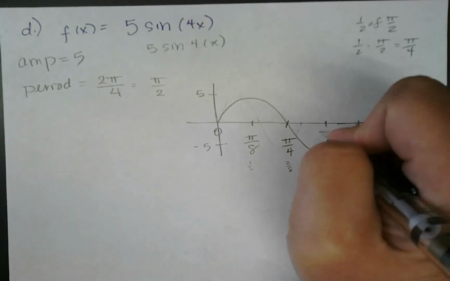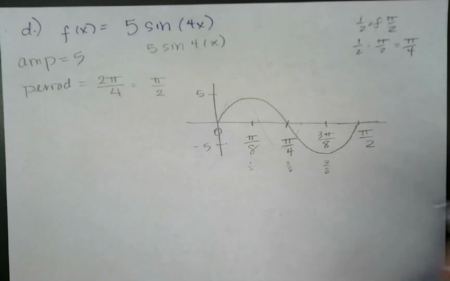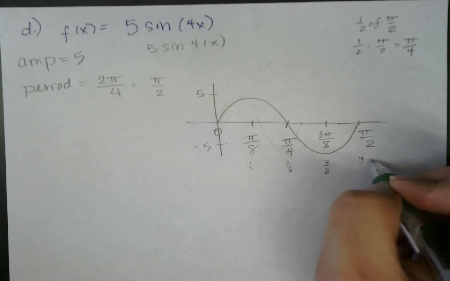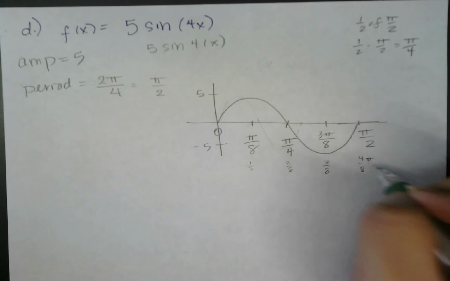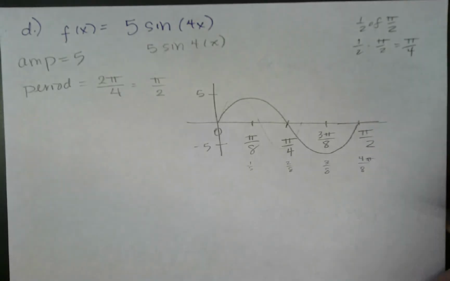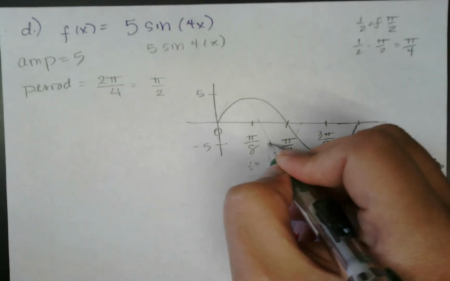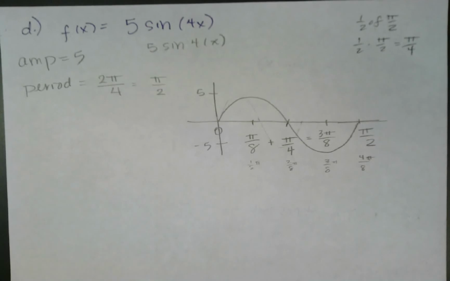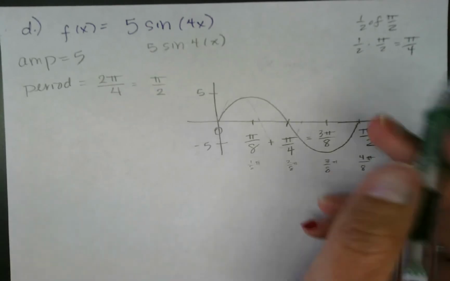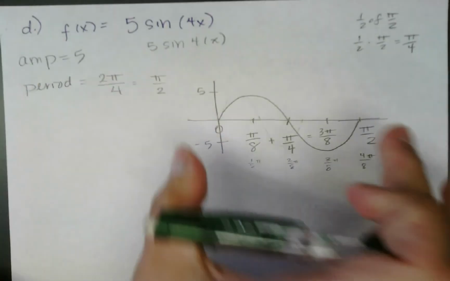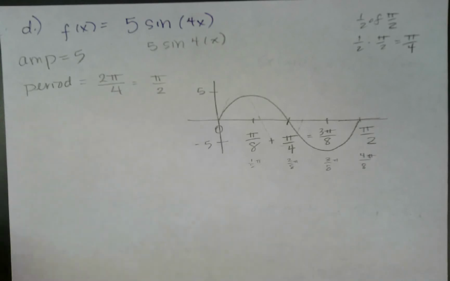Oh, this guy's got to be 3/8. So you label 3 pi over 8, and this guy is 4/8, and that better simplify to, oh look, pi over 2. It does. So I just count my fractions. Or again, you could add these two and it equals that spot. It's up to you. So you're done. You've graphed it. Amp is 5, your period is pi over 2.